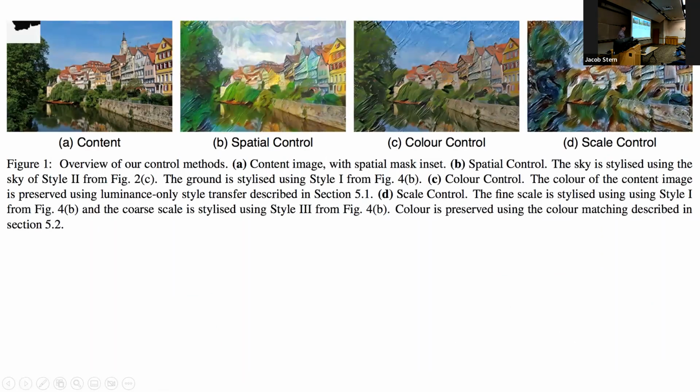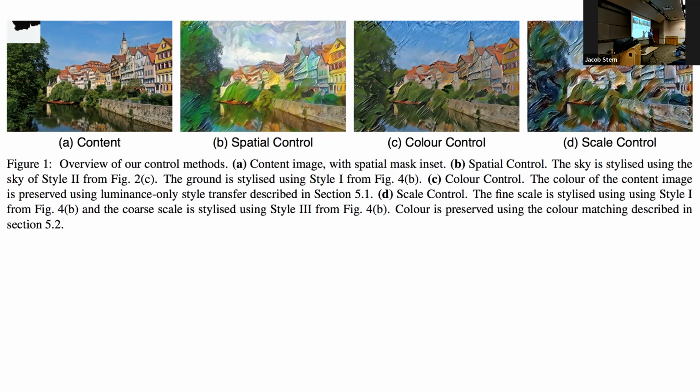So here we're going to look at a couple of variations of style transfer. One option is spatial control, where we control style transfer for one region of the image. Another is color control, where we only take color from the style image, or where we transfer no color from the style image.